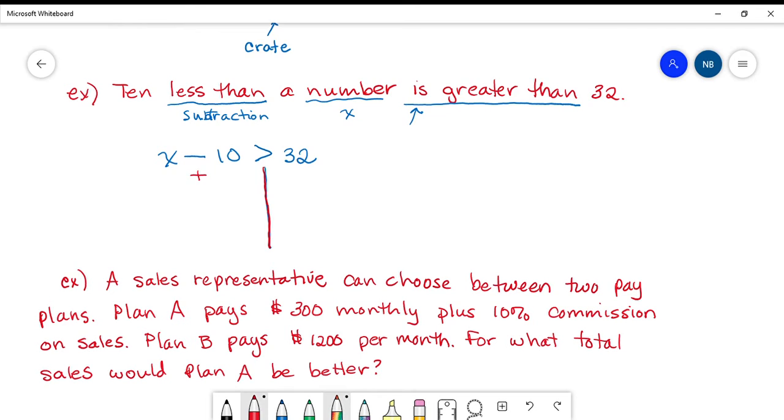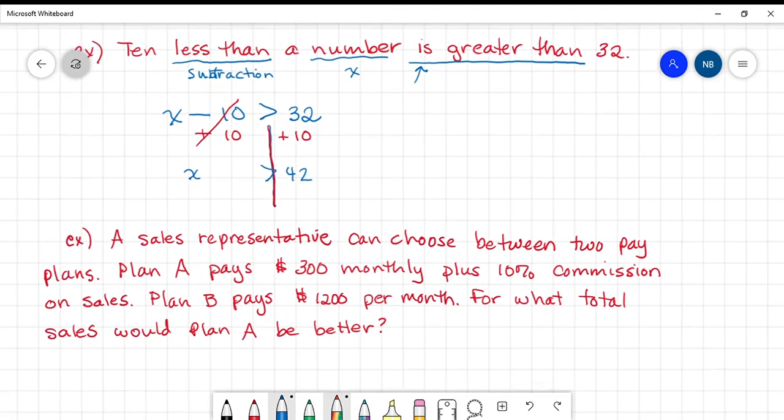We're going to add 10 to both sides because negative 10 plus 10 is 0, leaving x by itself. Greater than, recopied, 32 plus 10 is 42. So any number bigger than 42 will satisfy this particular example.